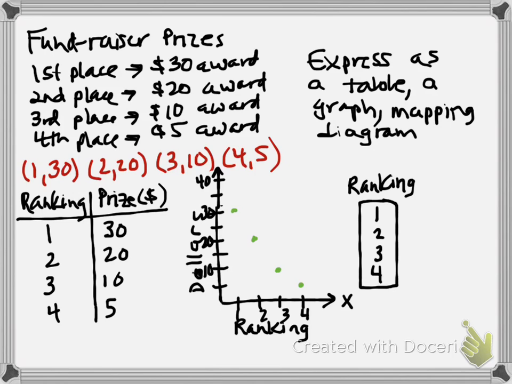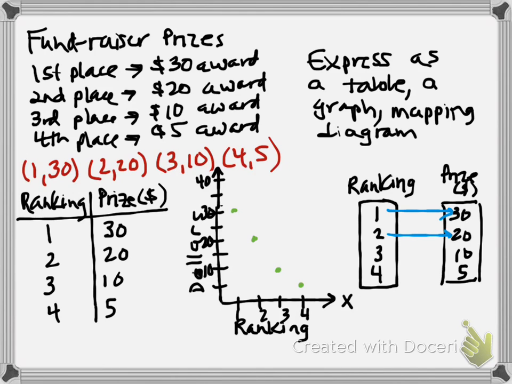Then I have another prize label with dollar signs, and I get another box. And 30, 20, 10, 5. And what I do is I draw a connector from the ranking to its prize. This particular way that I drew it, they are directly across from each other.